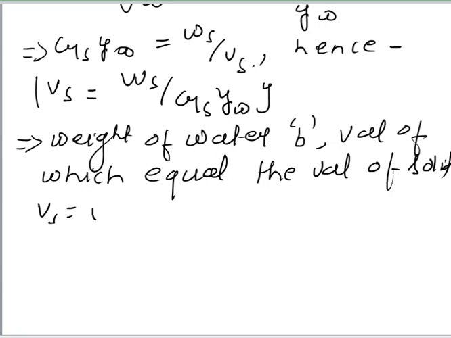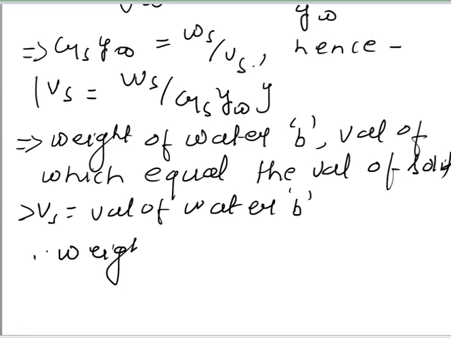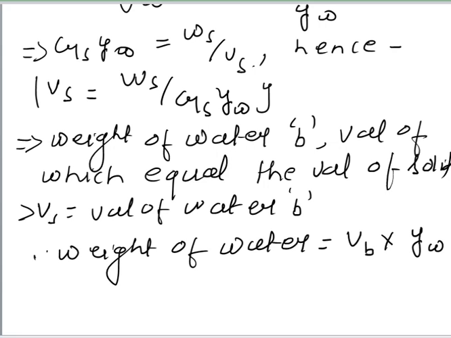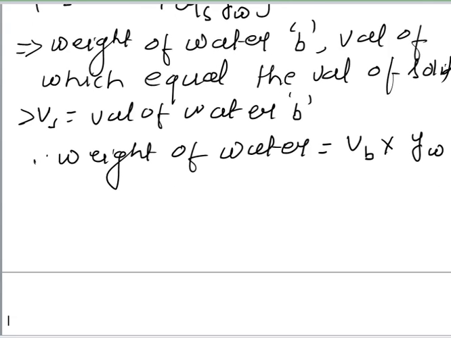Vs equal to volume of water B. The same volume is being placed, water B. If it is true, then what will be weight of water B? It will be volume of water B times gamma W. We know it. What is gamma W? 9.81. Everyone knows.